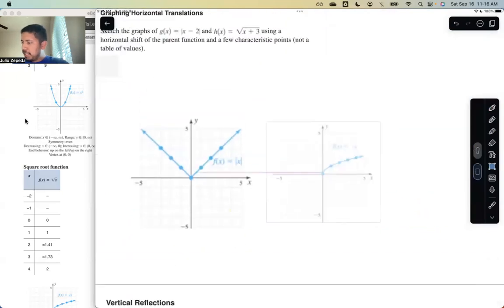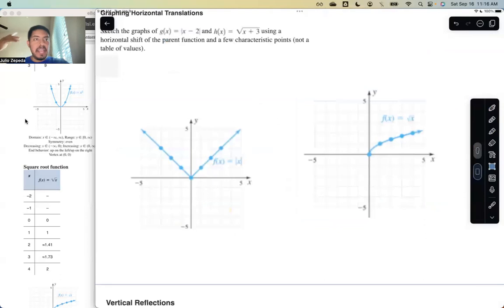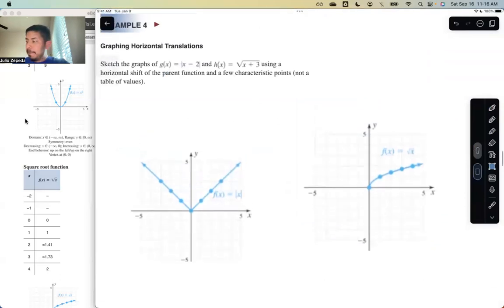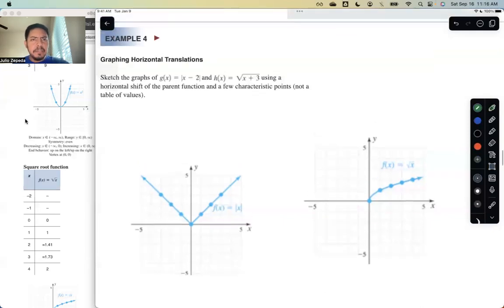And so you can see, if we have these functions in our head, we know them very well, then all we have to do is say, okay, let me remind myself that x minus 2, since the minus 2 is inside of the absolute value, that's going to be a horizontal shift 2 units to the right. And so that means my vertex is now going to be not at 0, 0, but 2 units to the right of that.